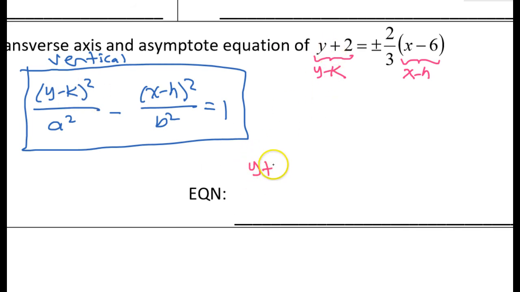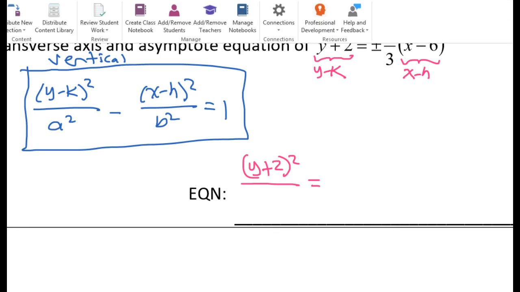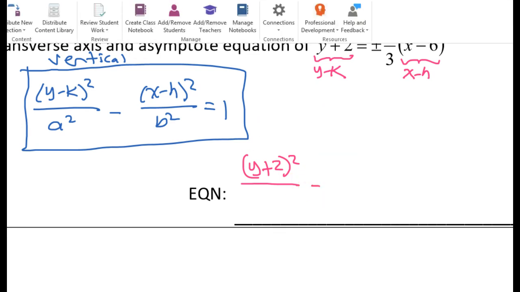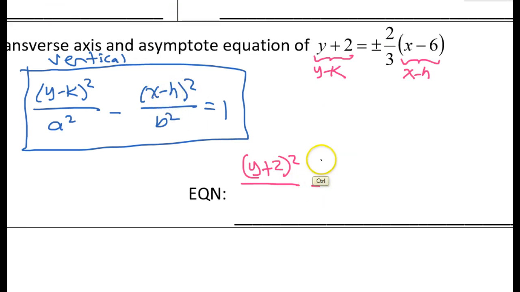So I'm going to have y plus 2 squared should be first. Whoops, I don't know why I put an equal sign there. It's a minus sign. Now the x minus h should be second. So in this case, that's x minus 6 squared.